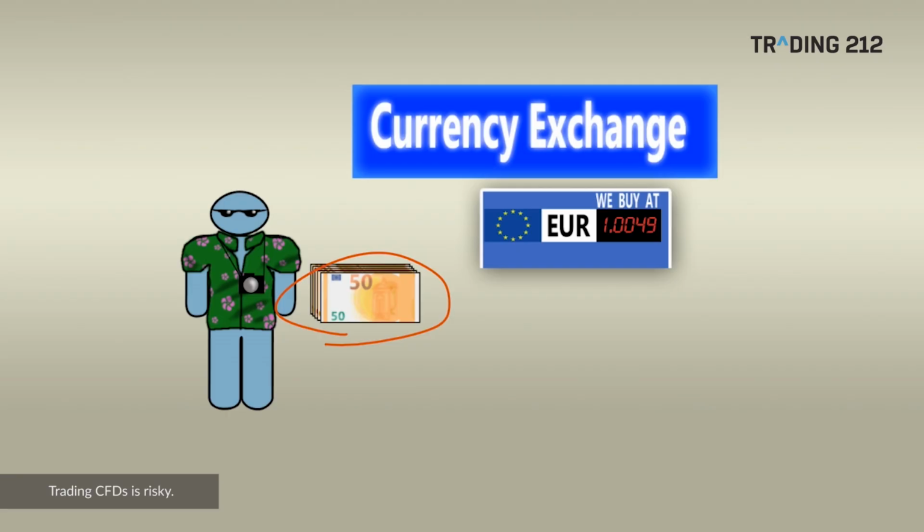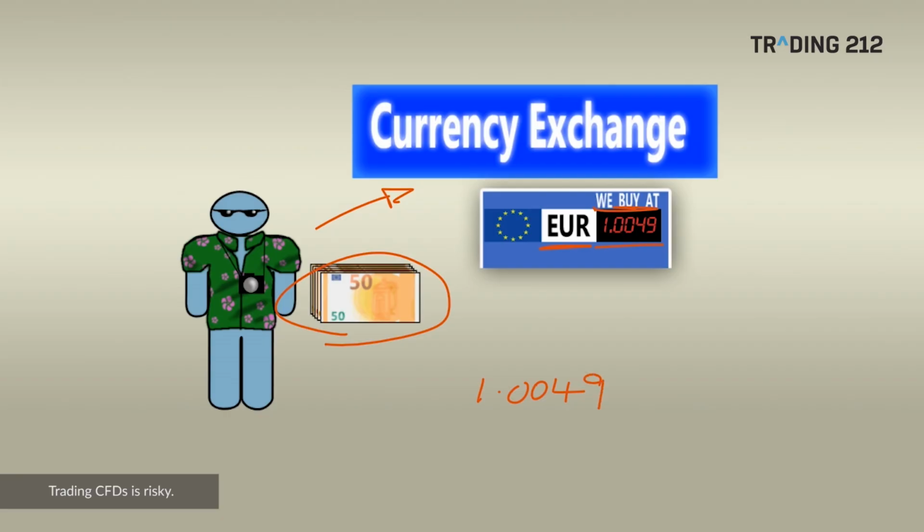Fortunately for you, while you were away, the euro has strengthened against the pound, and you find that the currency exchange booth at the airport shows that they will now buy euros at a rate of 1.0049. This means that if you give them 1.0049 euros, they will buy it for £1.